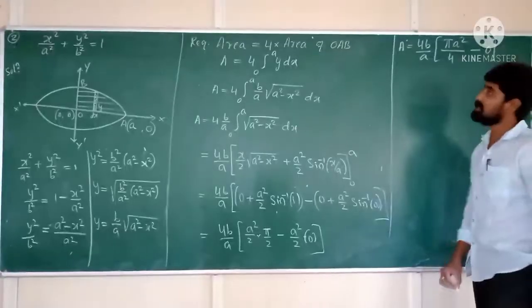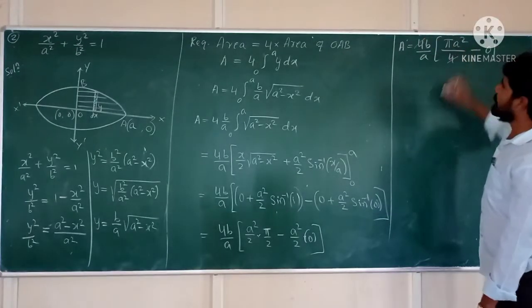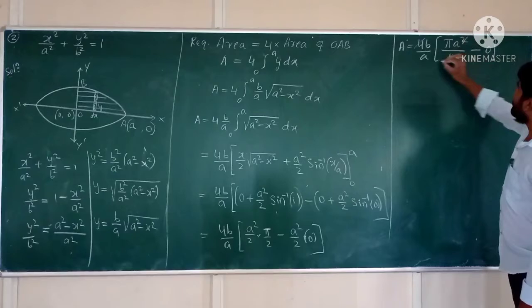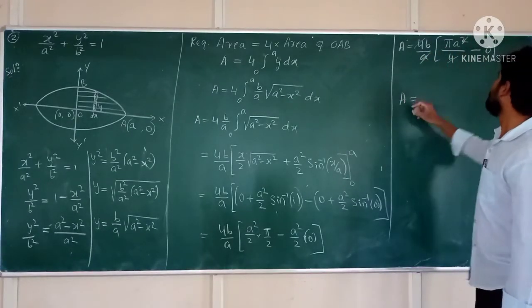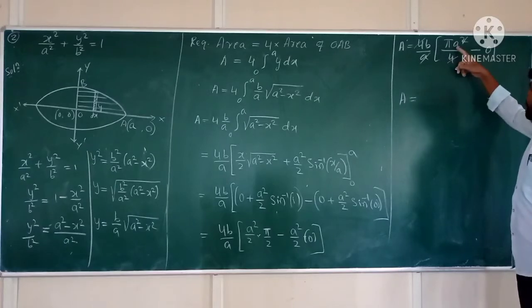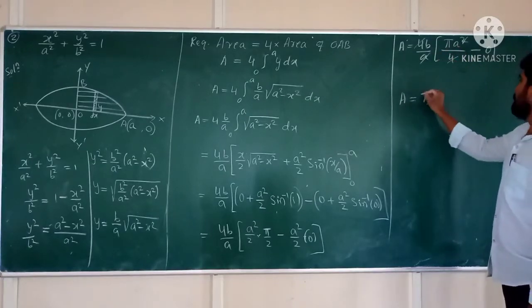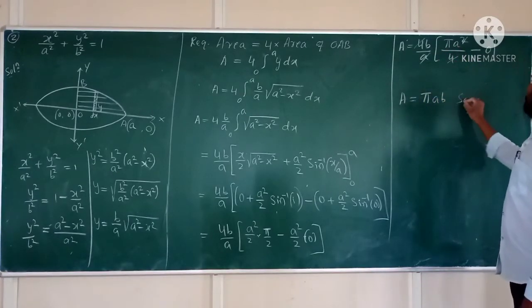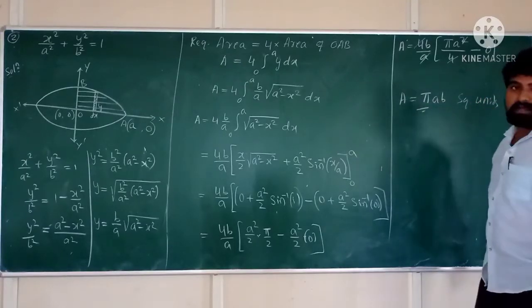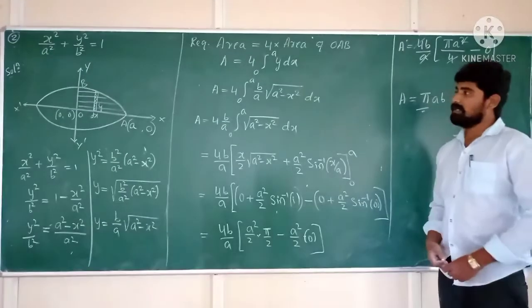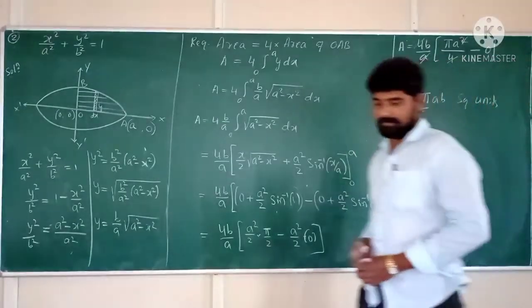I hope all of you understand. 4 and 4 get cancelled, one a gets cancelled. Therefore, the remaining thing is area is equal to pi a b square units. I hope all of you understood. If possible, take a note.